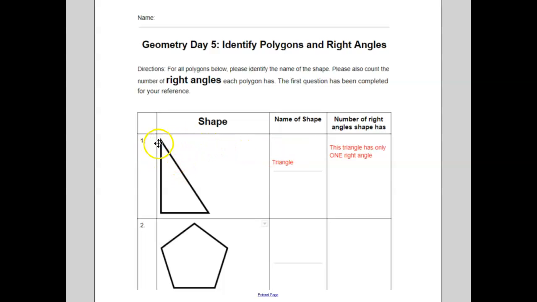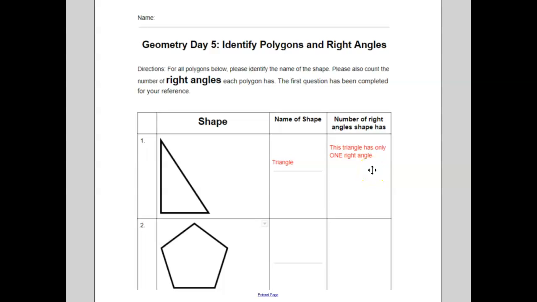So I know right away that this is not a right angle because it's not that perfect 90-degree corner like a square. This is also not a right angle, but this right angle is a right angle because it's where two perpendicular straight lines meet. So I wrote under number of right angles this triangle has only one right angle.